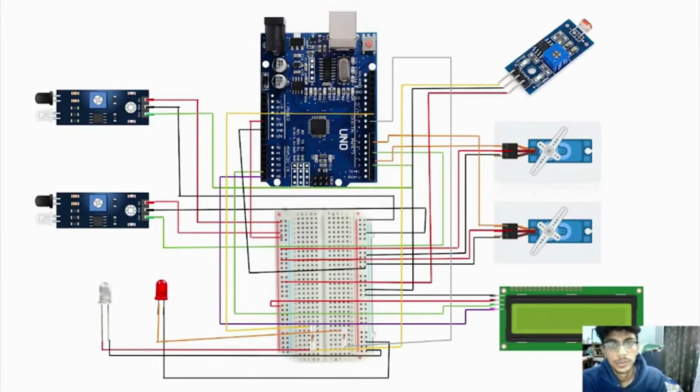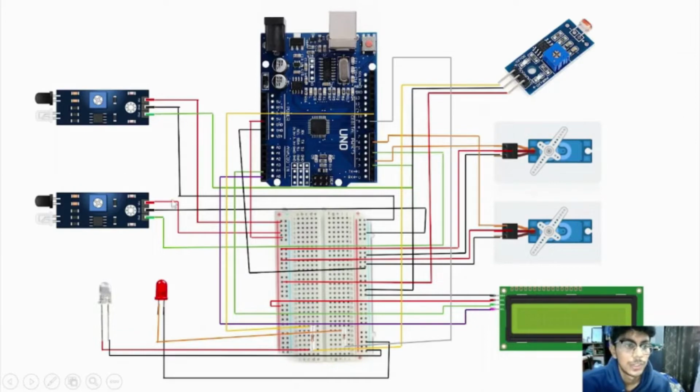For the first one, we have the first IR sensor. The VCC we connected to the positive. The ground we connected to the negative at the breadboard. The signal pin we connected to pin number 2.